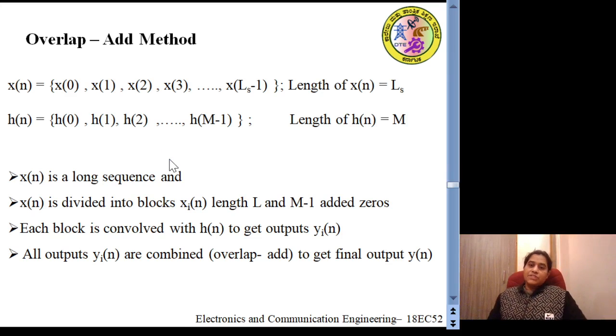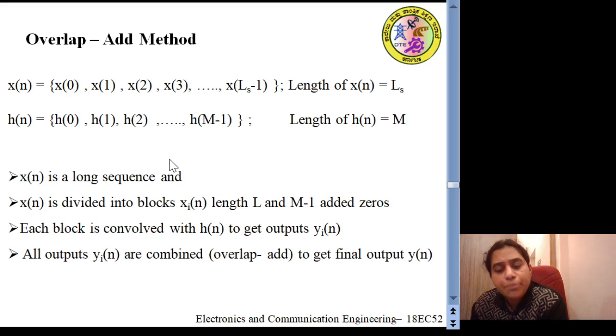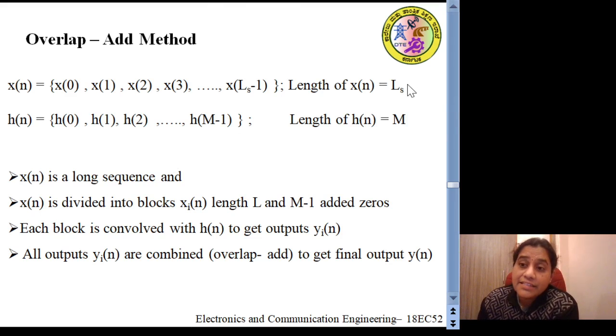In this session, we will be learning the overlap add method in detail. As we considered, our input to that LTI system is x of n, which is a long sequence having LS samples, that is x of 0, x of 1, x of 2, x of 3 up to x of LS minus 1.